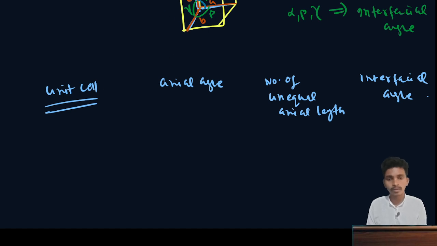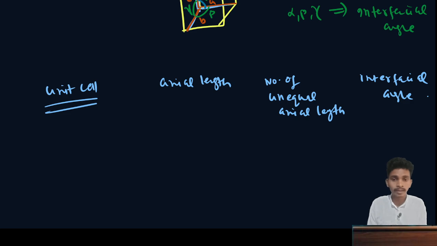Okay, so based on the axial length and the interfacial angles, we have different types of unit cells.